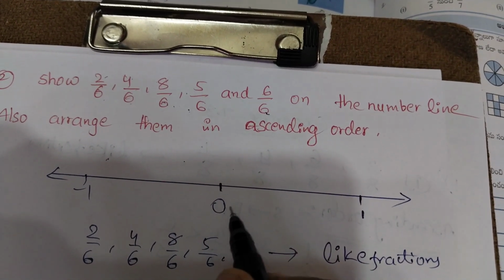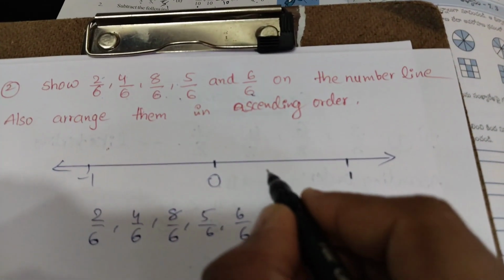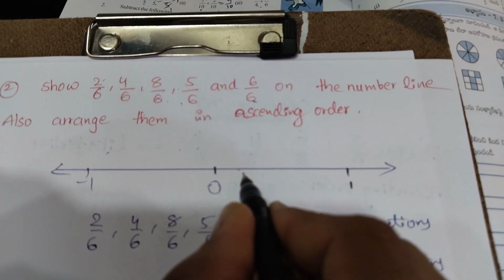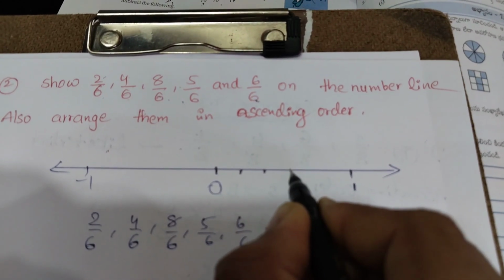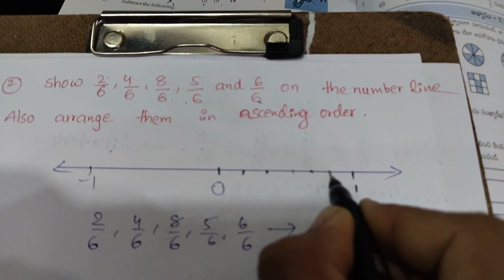So I am dividing the place between 0 to 1 on the number line into 6 equal parts. 6 equal parts means 5 lines I am going to draw: 1, 2, 3, 4, 5.